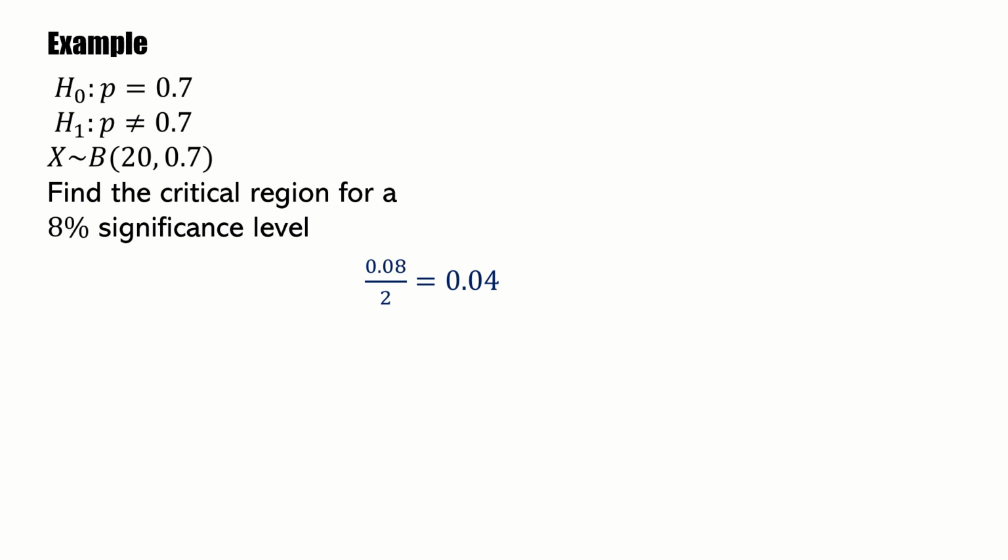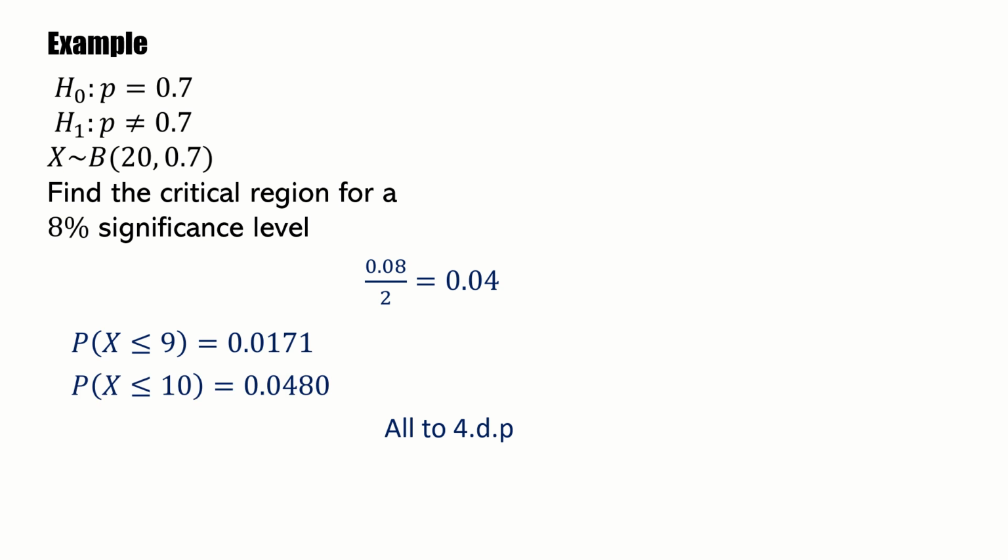The only two you need to write down are the probability of X less than or equal to 9 and X less than or equal to 10, because 9 is the last one below the threshold of 4%, and 10 is the first one that gives an output above the threshold of 4%. So those are the lower tail test probabilities.